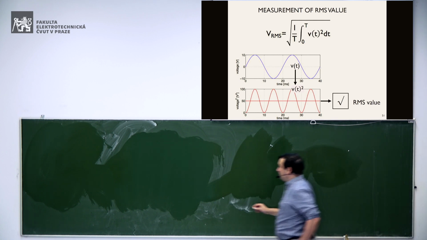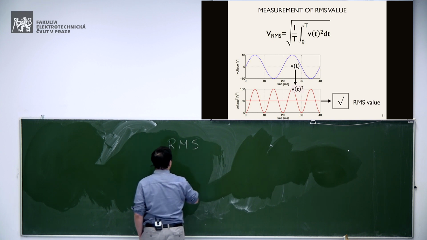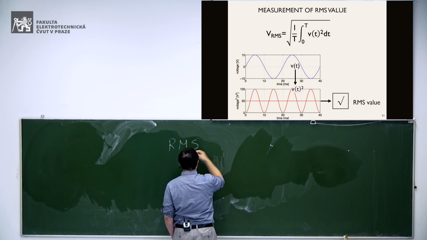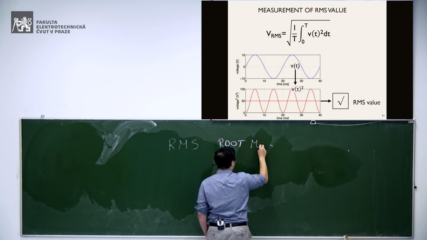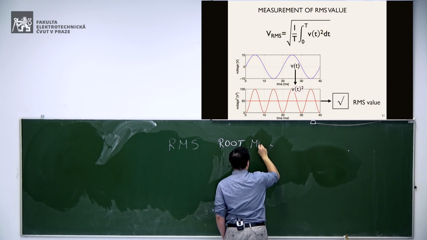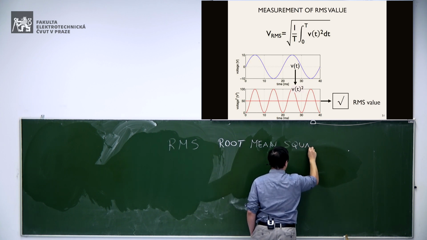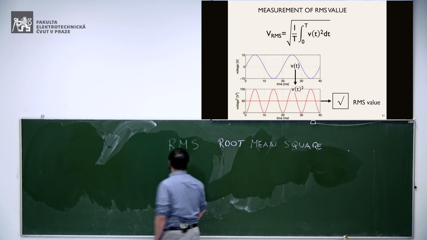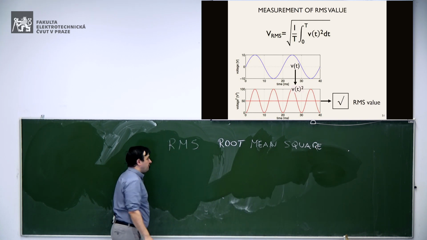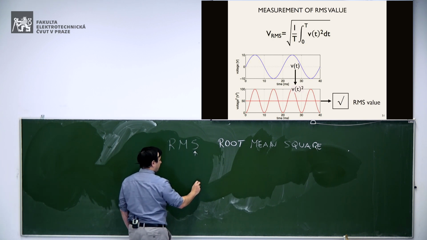So, as I explained to you, let's repeat, the RMS value, RMS stands for root mean square. Okay? So if you don't remember how to calculate it, follow the definition. First, you square.